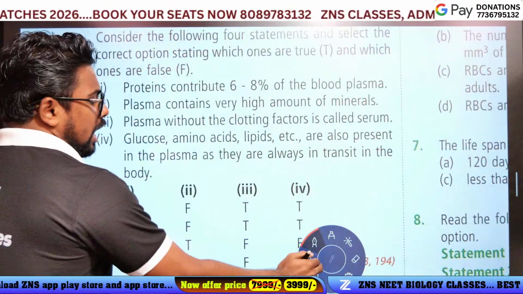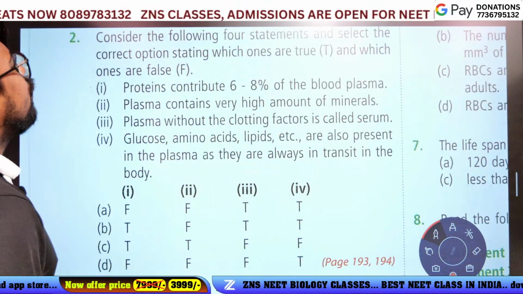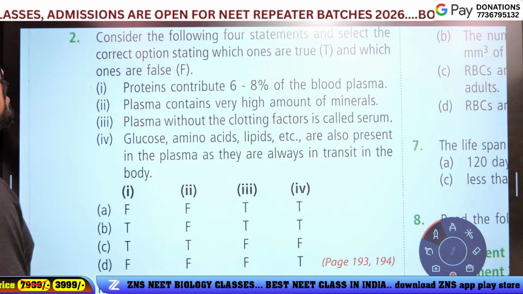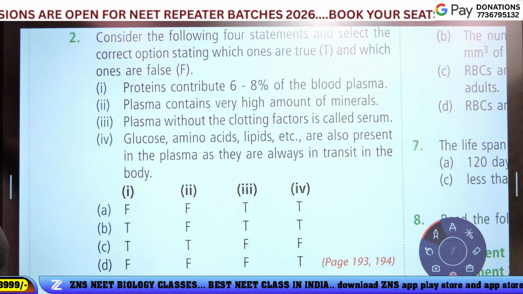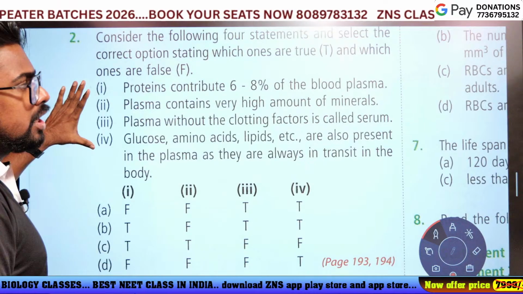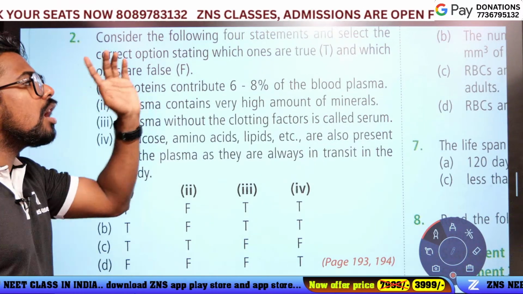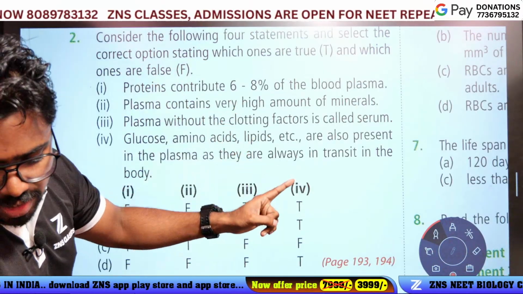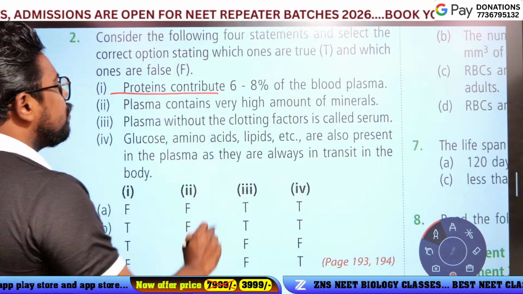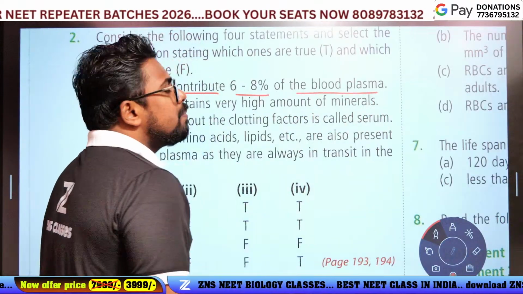Okay, guys, the next question. Consider the following four statements and select the correct option, stating which are true and which are false. Some options are false and some are true. Look here, guys. The protein contributes 6 to 8% of the plasma.